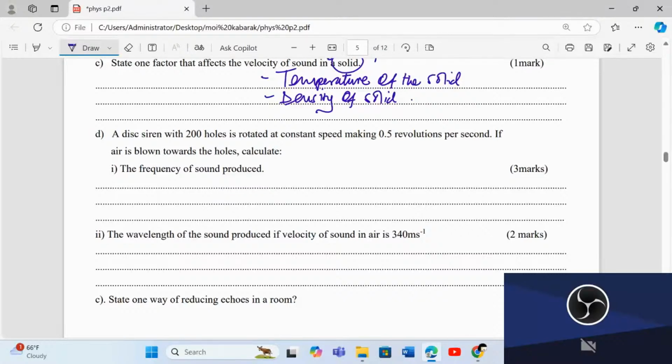This one is given by the number of revolutions times the number of holes. Therefore, frequency is given by 200 times 0.5, so that you arrive at 100 hertz.